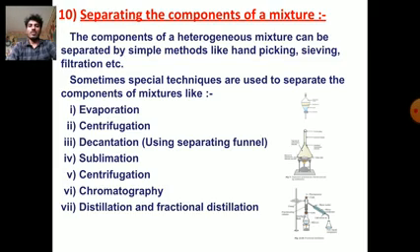The components of a heterogeneous mixture can be separated by simple methods like picking, sieving and filtration, etc. Sometimes special techniques are used to separate the components of mixtures, like evaporation, centrifugation, decantation, sublimation, chromatography, distillation and fractional distillation.